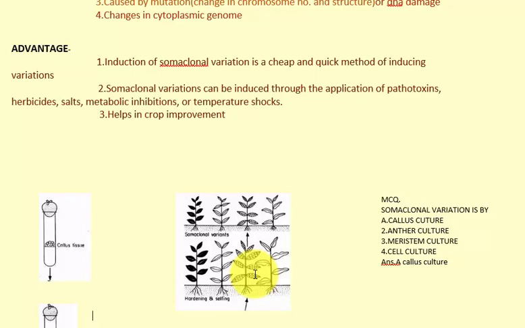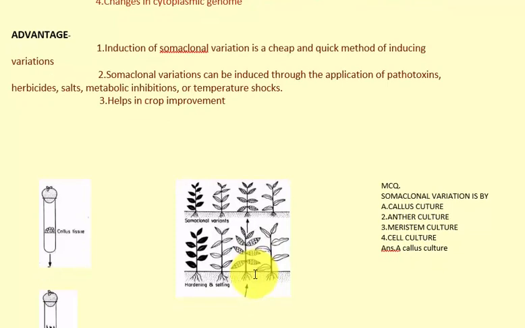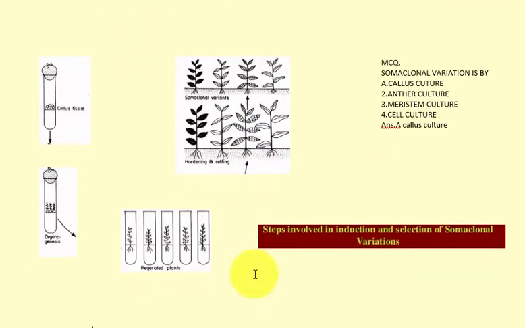Then it helps in crop improvement, as it induces mutation, right? Then we can detect which species is resistant to herbicide, which is disease resistant and which is environmental stress tolerant. Correct. So it helps in crop improvement.